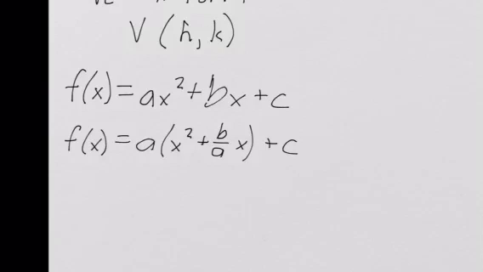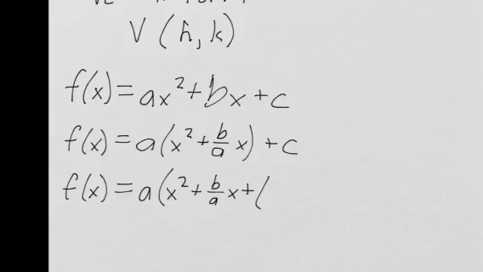Well, now we want to complete the square just like we did with deriving the quadratic formula. So x squared plus b over a x, I will go ahead and leave this in factored form, plus b over 2a squared, plus c.